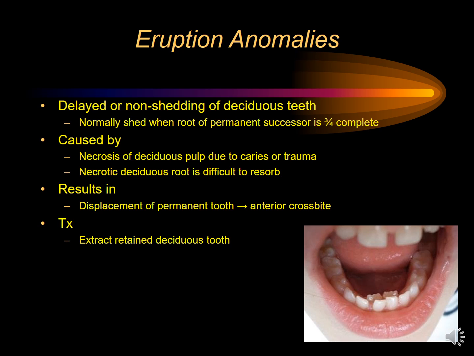This necrotic deciduous root can be difficult to resorb, and when it is difficult to resorb, the developing permanent successor tooth will get displaced, and that ends up in an anterior crossbite. Now, the treatment is to extract the retained deciduous teeth so that the permanent teeth can come into a better alignment.